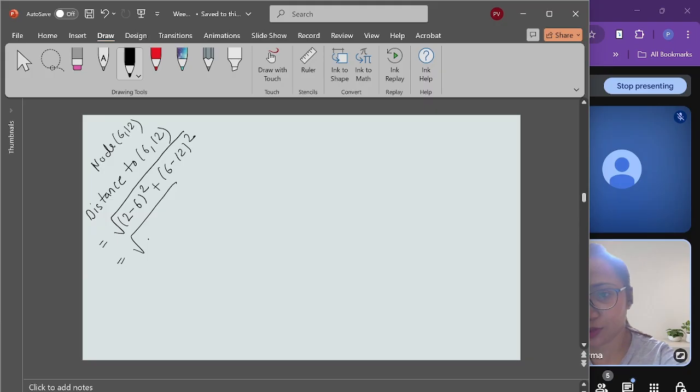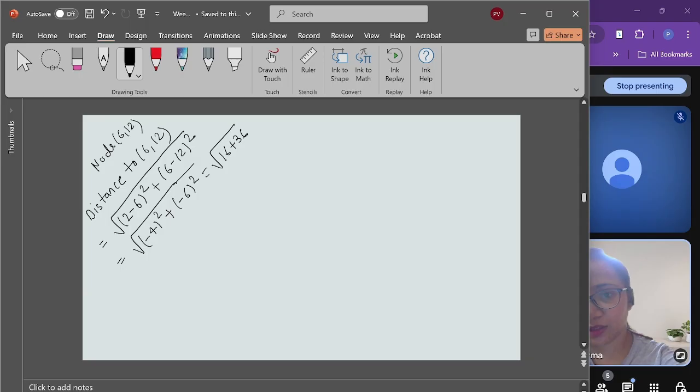So here you will get minus 4 square plus minus 6 square, right? 6 minus 12. 16 plus 36. What value will we get here? If you just calculate it, you will get 9.85.